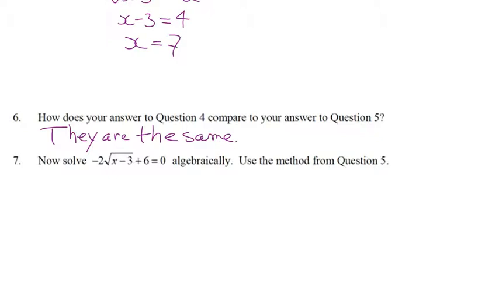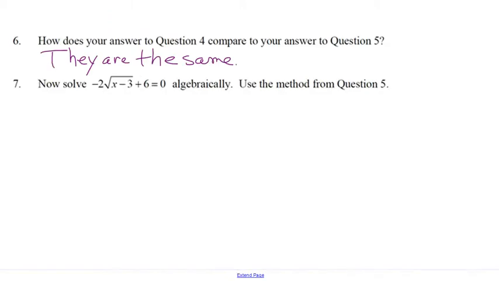Now solve negative 2 root x minus 3 plus 6 equals 0 algebraically. Use the method from question 5. Okay, so same deal. Negative 2 root x minus 3 plus 6 equals 0. So we want to isolate the radical, right? We're doing order of operations in reverse. So in this case, we're adding and subtracting first. That's the last thing you would do.